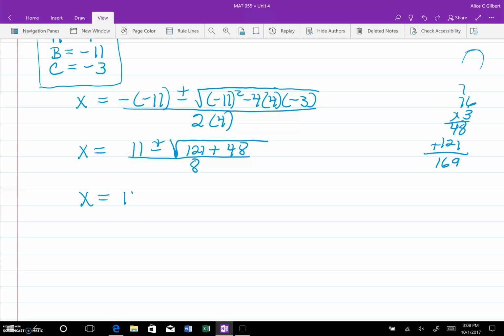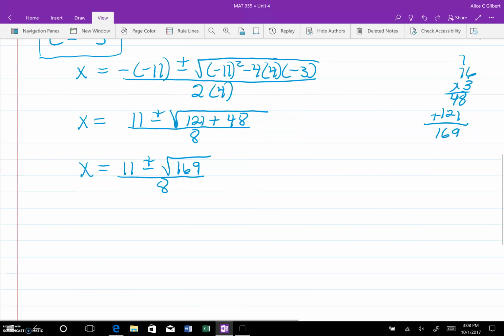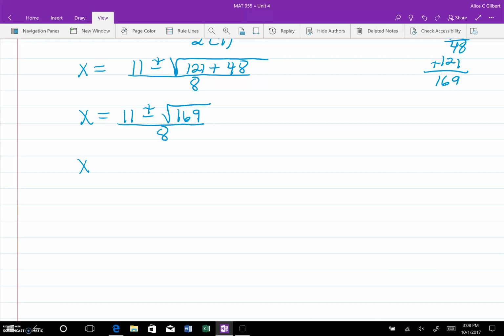X equals 11 plus or minus the square root of 169 over 8. And then I get x equals 11 plus or minus 13. Let me just prove it. I happen to know this only because I do it so often. 13 times 13 is 169.